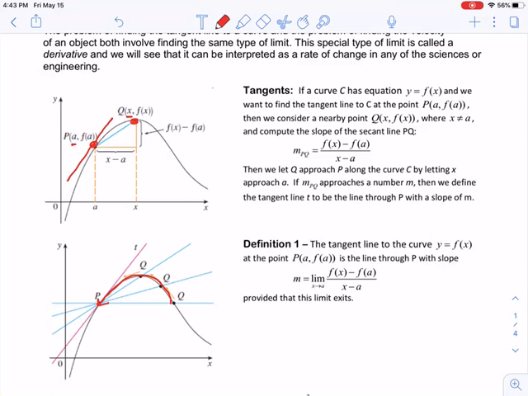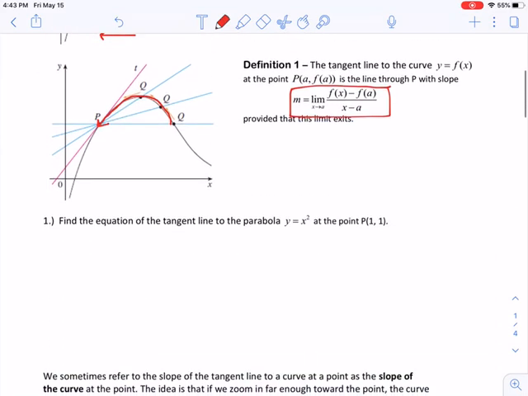So we can find the limit as x approaches a, so as x gets closer and closer to this value a, of f of x minus f of a all over x minus a, the difference of the y's over the difference of the x's. So let's find the slope of a tangent line by finding the limit as x approaches a of f of x minus f of a over x minus a.